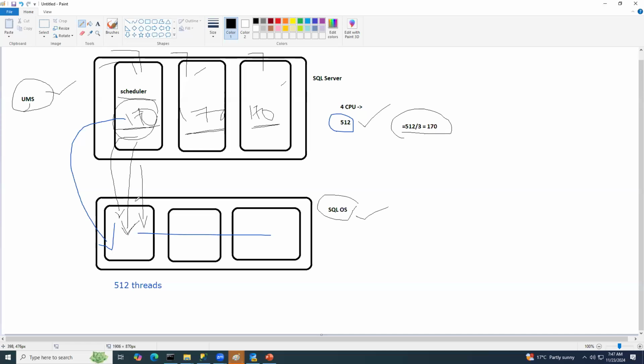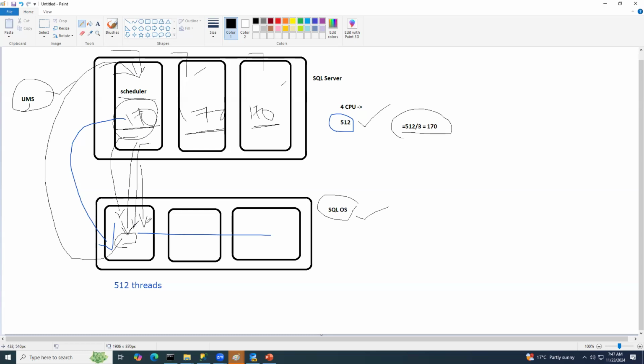It will schedule only one thread on the CPU. Once this thread completes its execution, or if the thread wants to come out of the CPU, it will come out of the Windows operating system and go back to the same scheduler. Then the next in the queue will go ahead and execute.